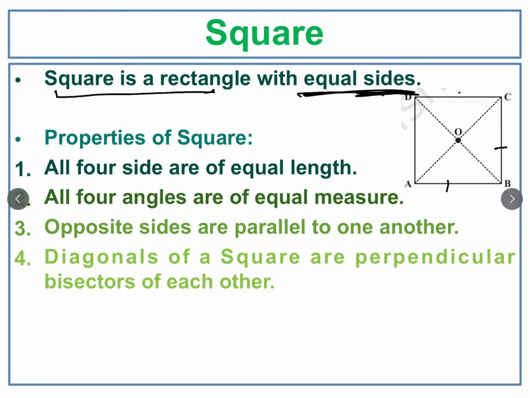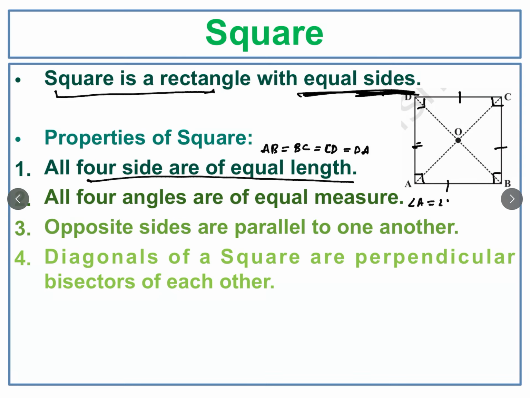That means AB will be equal to BC equal to CD equal to DA. Also angle A will be equal to angle B equal to angle C equal to angle D. So these are the properties of the square: all four sides are of equal length, that is AB equals BC equals CD equals DA. Then all four angles are of equal measure.